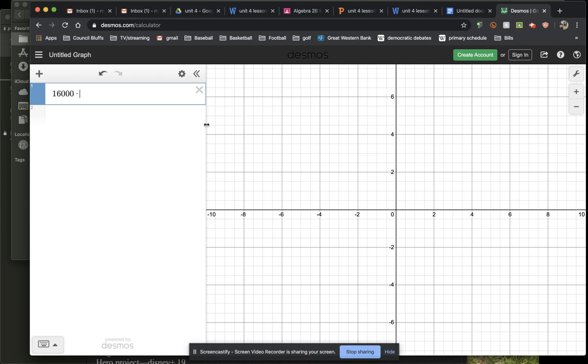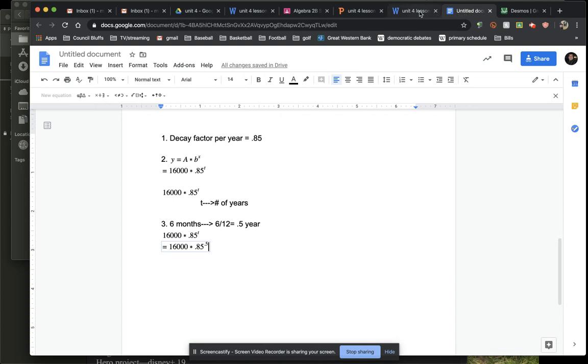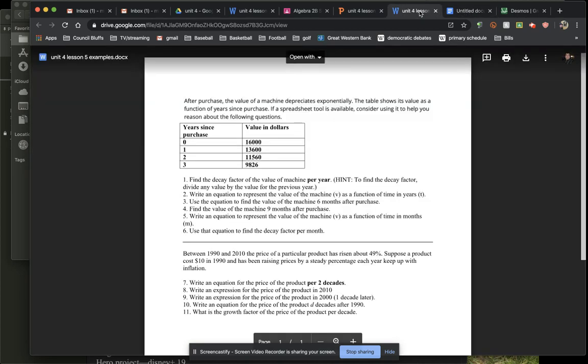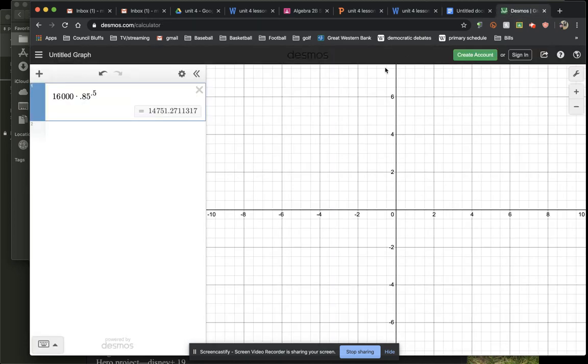Because we're talking about the value of the machine in dollars and cents, we're going to round this to 2 decimal places.